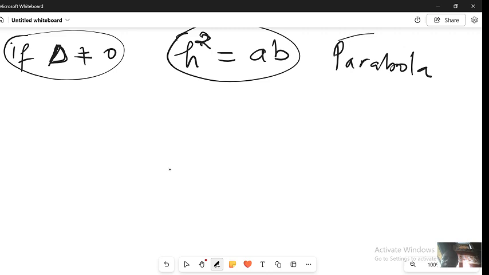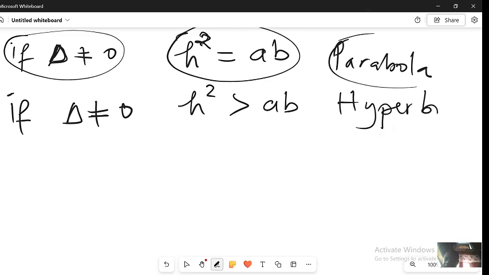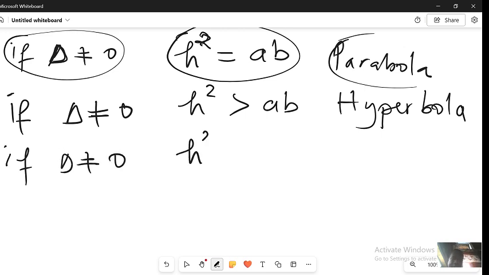Now if delta is different from 0, because if delta equals 0 it's going to be a pair of straight lines, I will compare h squared and ab. If h squared is greater than ab, I will have a hyperbola. But if delta is different from 0 and h squared is less than ab, I will have an ellipse.